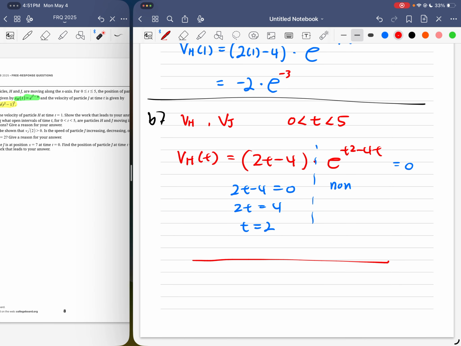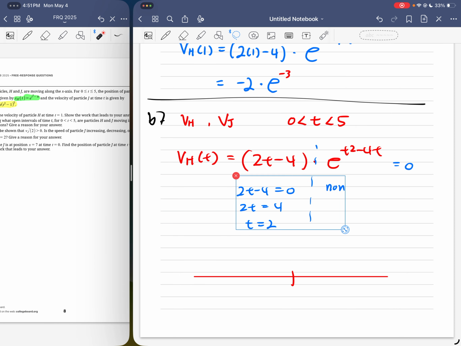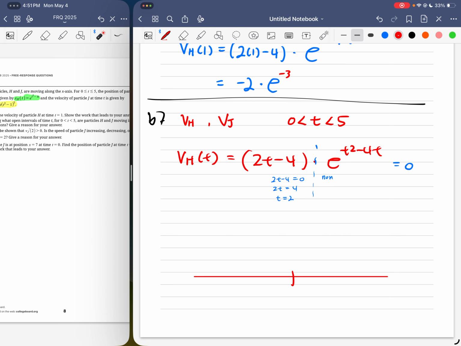Actually, before I even do this, let me flex a little bit. Because we have a domain from 0 to 5, one interval is going to be 0 to 2, because this is a 2, and the other one should be 2 to 5, okay?